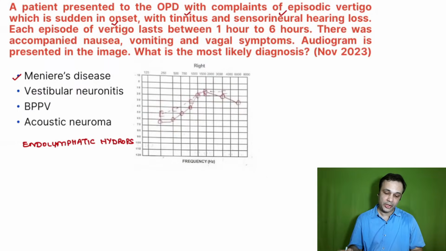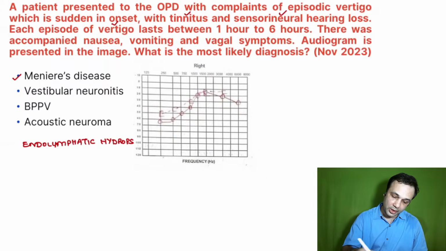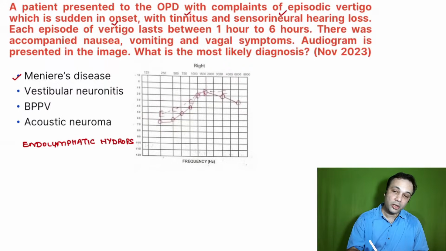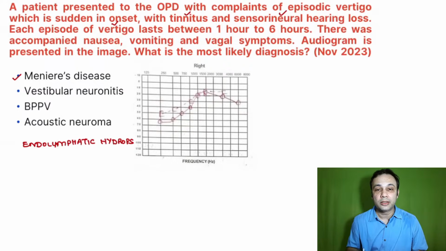Now let's come to the second important option here. There is vestibular neuronitis. Although this is not the answer, you need to know something about vestibular neuronitis. Remember, any of these options can be asked as questions in the next INICET. So when you talk about vestibular neuronitis, can someone tell me what is the causative factor here? What causes vestibular neuronitis?